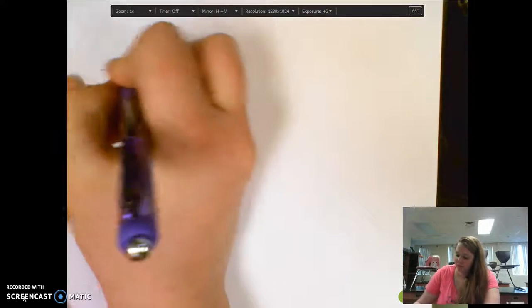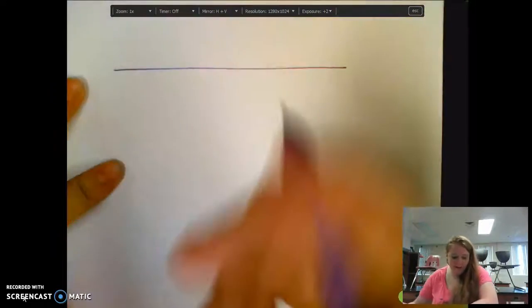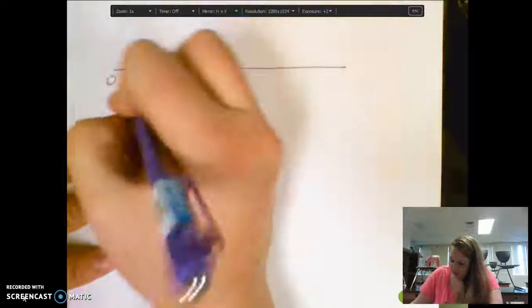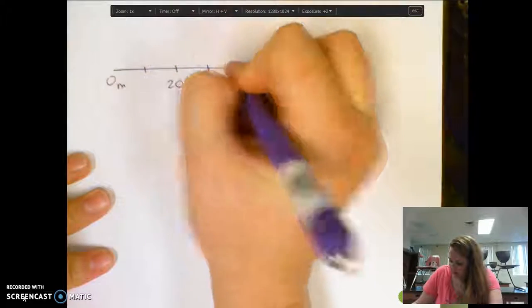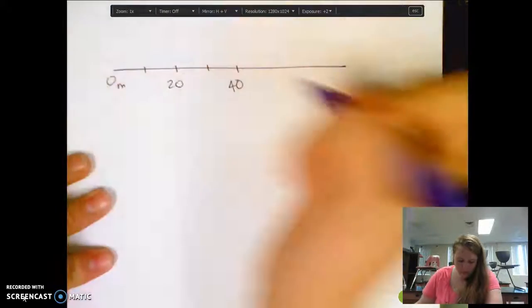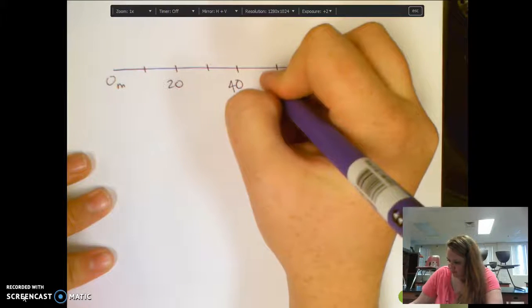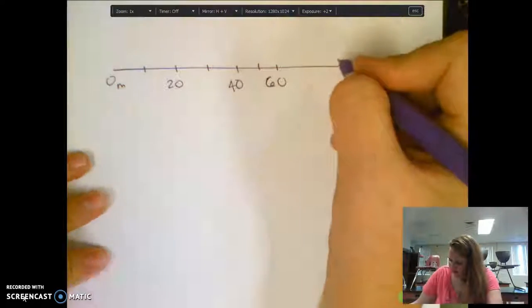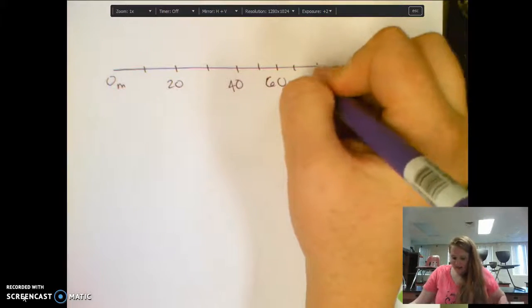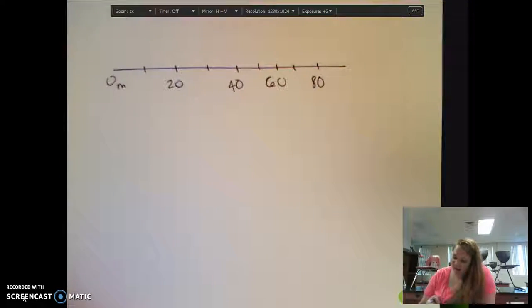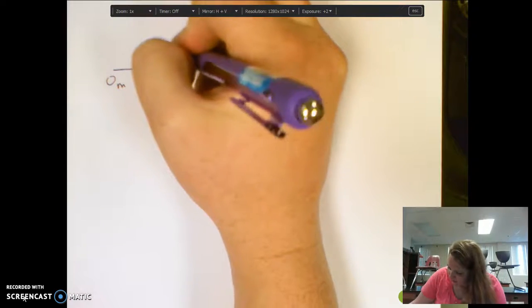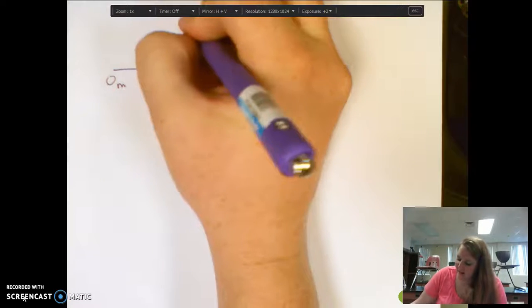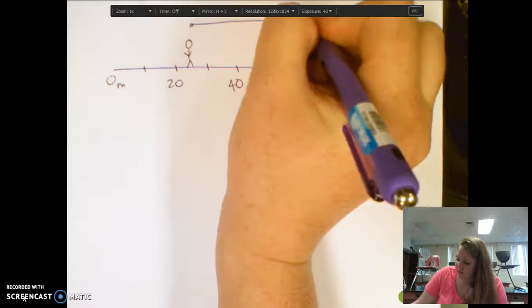Let's say we have, here's my number line. We have 0 meters, and then 10, 20, 30, 40. This M is for meters. 50, 60, 70, 80. Let's say we have a person, they start right here, and they move in the positive direction.